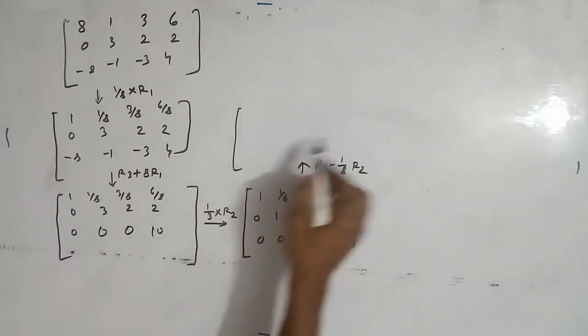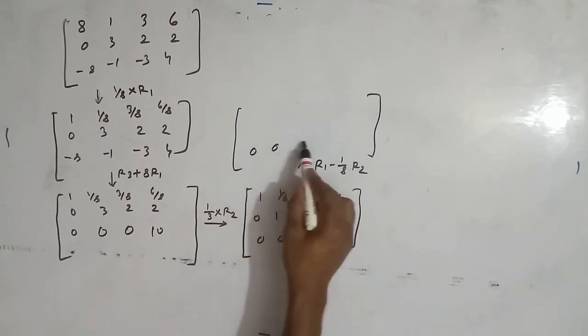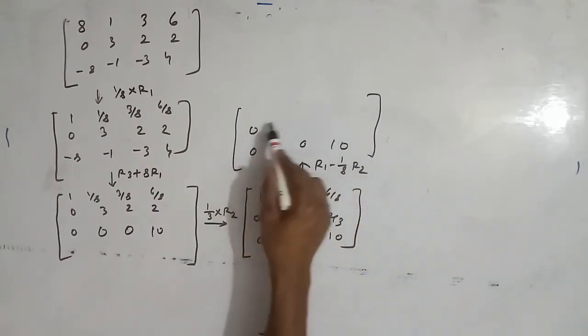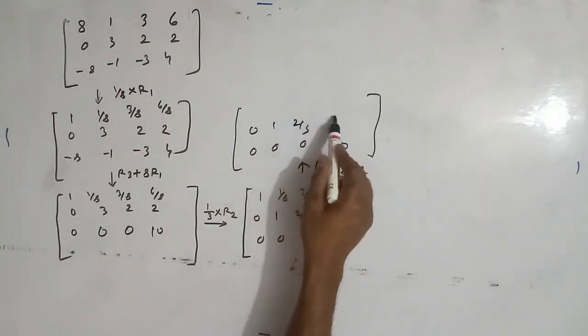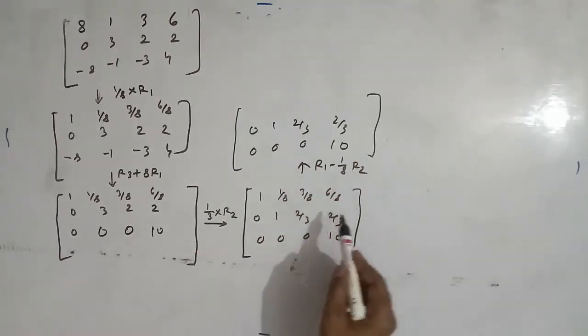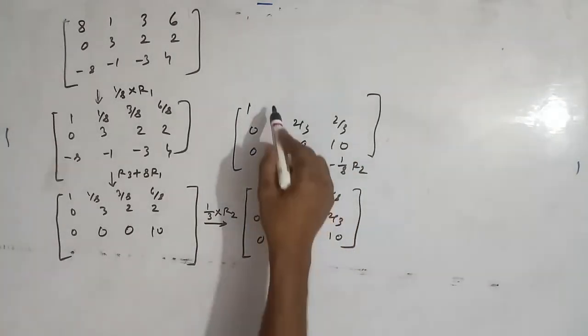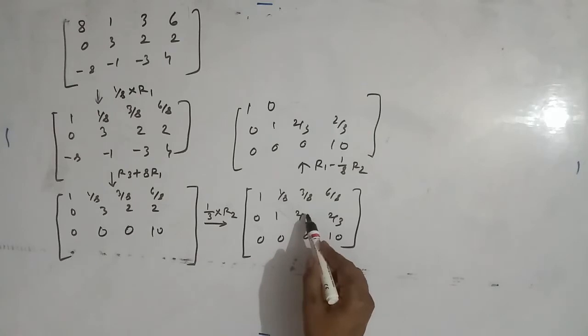So it will be R3 will be same 0, 0, 0, 10. R2 is 0, 1, 2 by 3, 2 by 3. R1 minus 1 by 8 R2 is 1. 1 by 8 minus 1 by 8 will be 0. 3 by 8 minus 1 by 8 into 2 by 3.